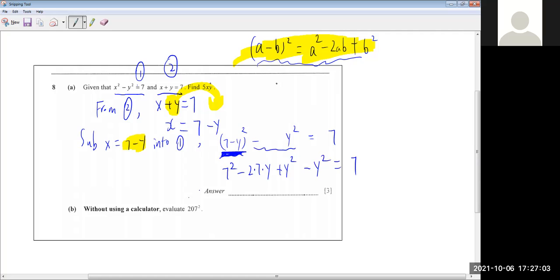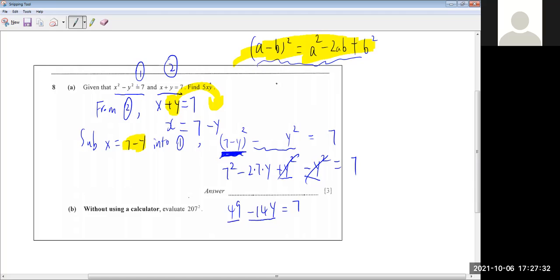So simplify this further. Plus y squared minus y squared, they cancel each other. So just continue. 7 squared, 49. Minus 2 times 7y. 2 times 7 is 14, so it's minus 14y equals to 7. Okay, so let me just continue. Over here, you have a 49 here, you have a minus 14y here.